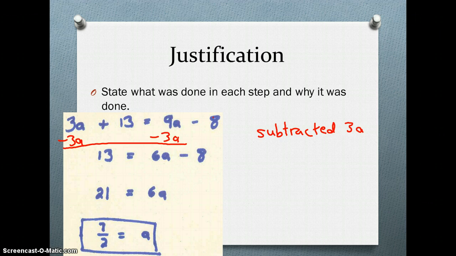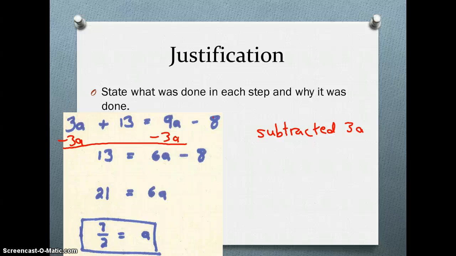Why did I do that? Well, I want to cancel those out and make it 0, and 3 minus 3 will get me 0. But if I do it to the left side of the equation, I again have to do it on the right side, and that's how we end up with 6a.